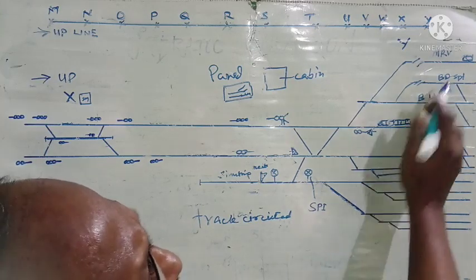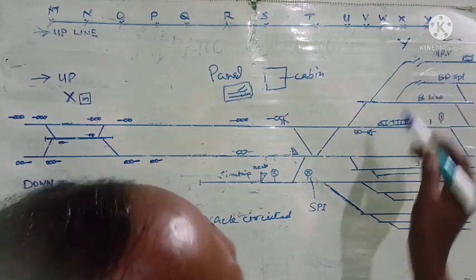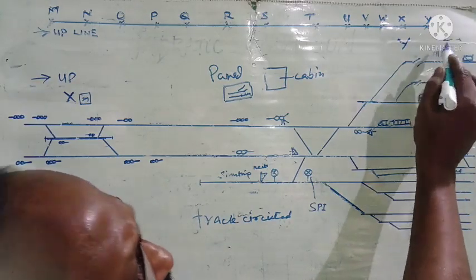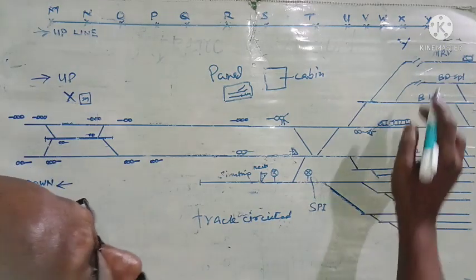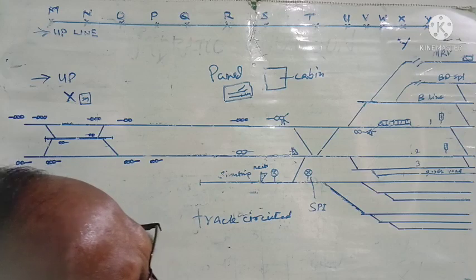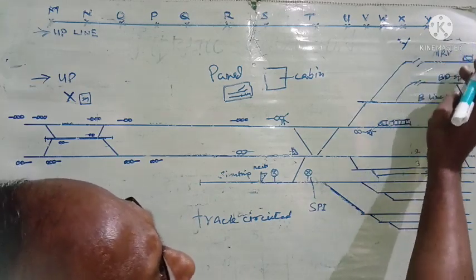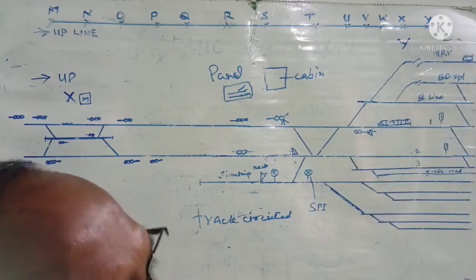In that case, these sidings will not be track circuited. The problem is, if it is track circuited and if MRV is stabled here, rust will be formed between the wheel and the track. When rust is formed between the wheel and the track, the circuit will not be completed and the occupation will not be shown.